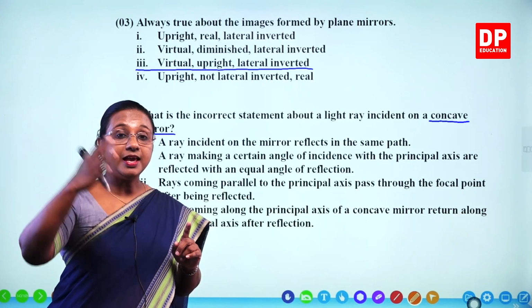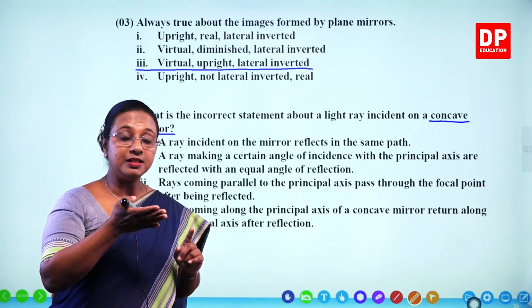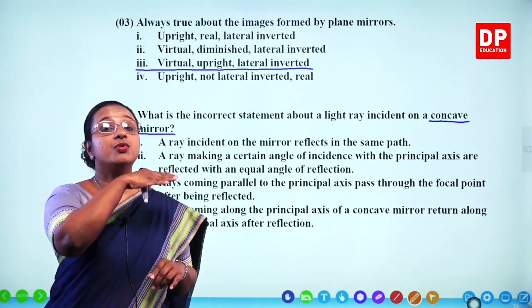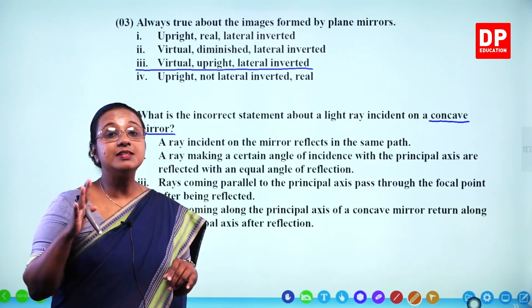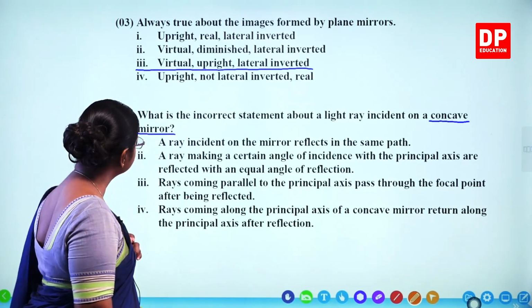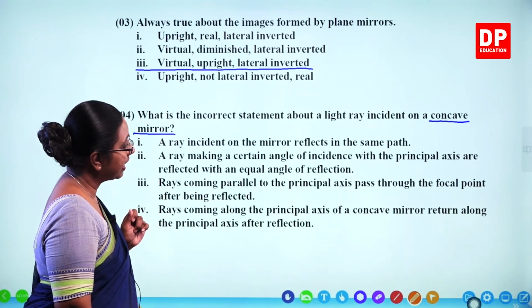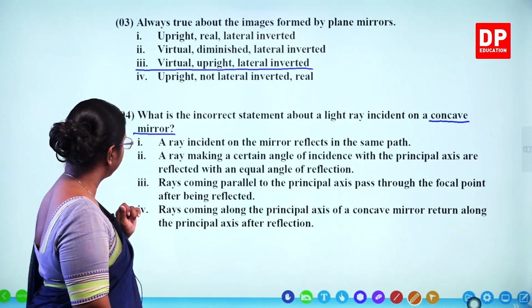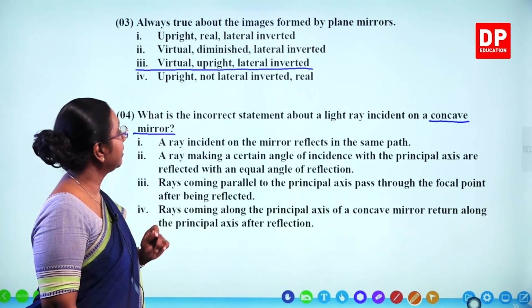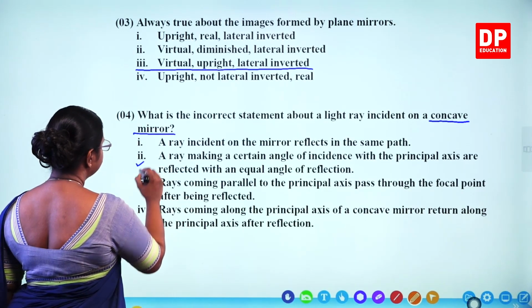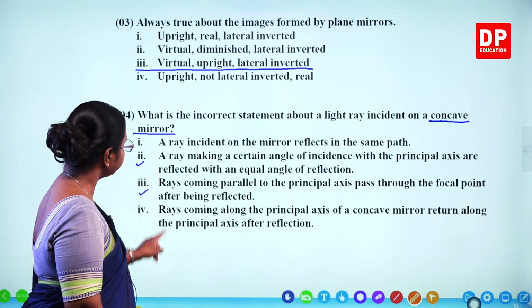If there is a ray coming at an angle, the angle is between the principal axis and the ray. So, it reflects with the same angle. That is correct. Then rays coming parallel to the principal axis pass through the focal point after being reflected. That is also correct.